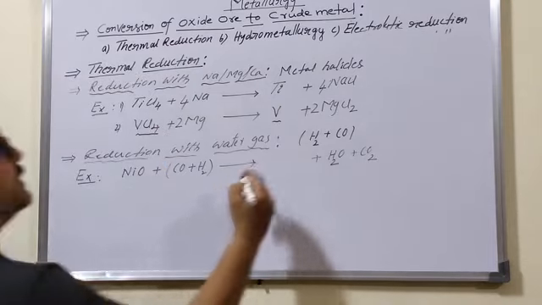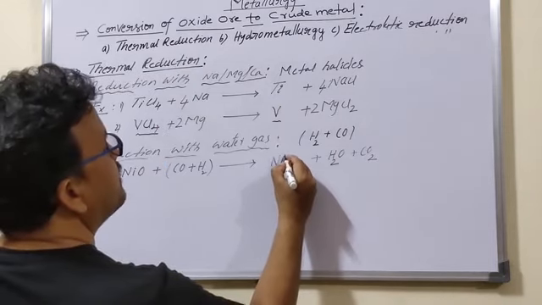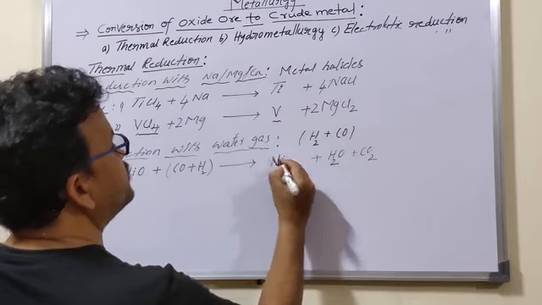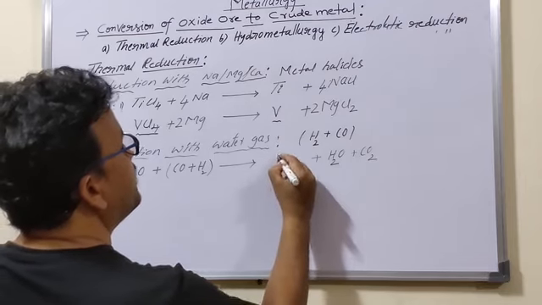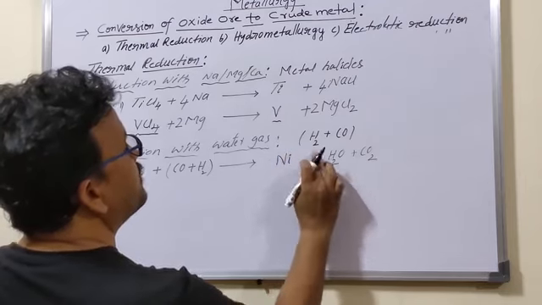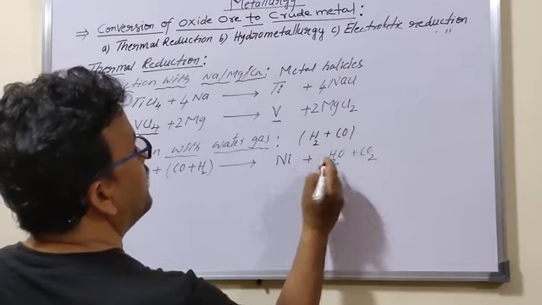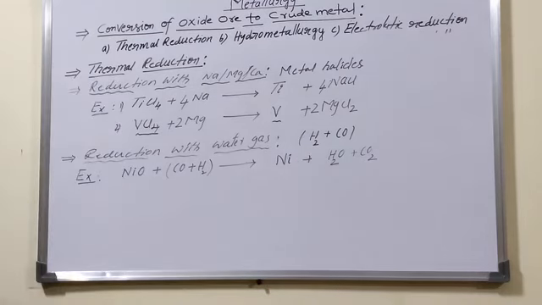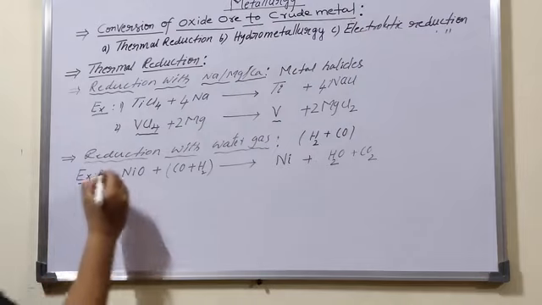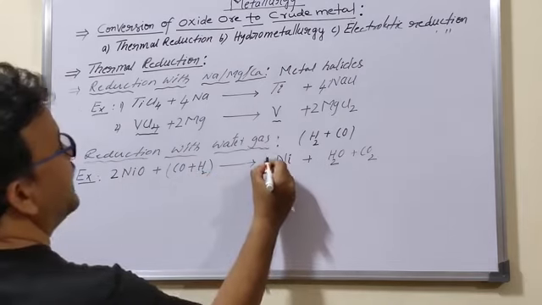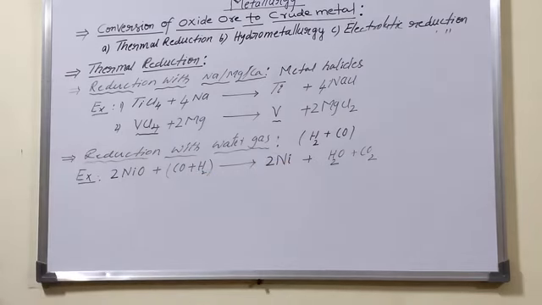Metal oxide is reduced to metal: nickel oxide is reduced to nickel. Like this you are getting nickel, water, carbon dioxide. So here both are acting as reducing agents. This is reduction with water gas.